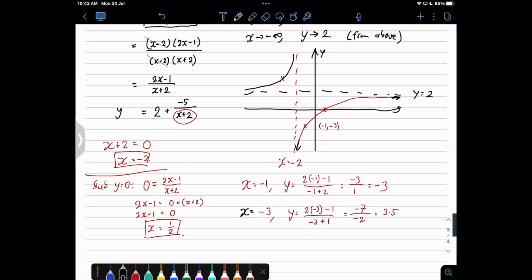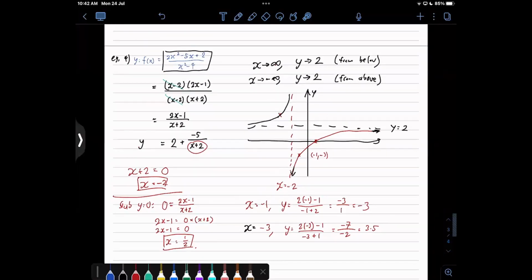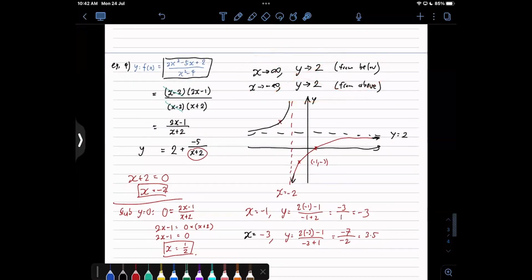Okay, so here's a shortcut. You don't need to think about this infinity idea. You just need to memorize this idea. Whenever you have an improper fraction, you do long division, you will get a quotient plus the remainder over the divisor. The quotient will always be an asymptote. It's either two types.